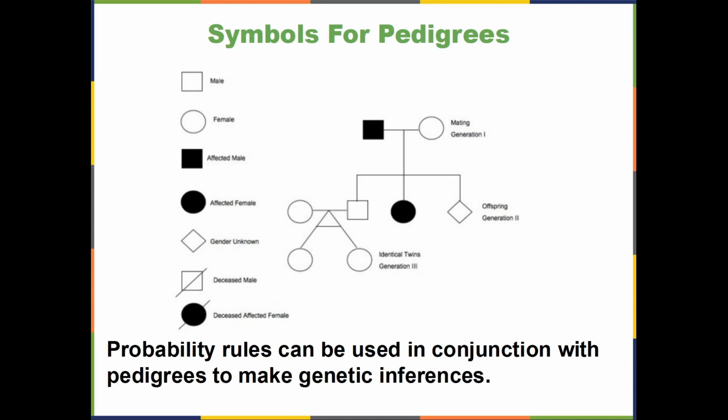All right, so probability rules can be used in conjunction with pedigrees to make genetic inferences. What we're talking about here, looking back at Queen Victoria's descendants, many of them suffered from a disease called hemophilia, which is basically uncontrolled bleeding.